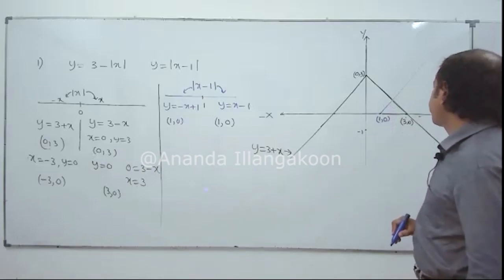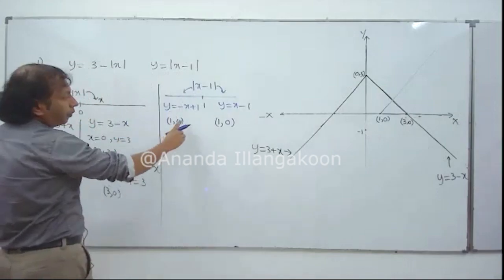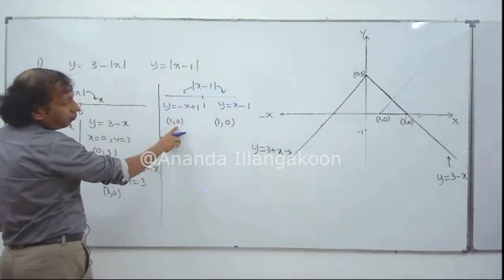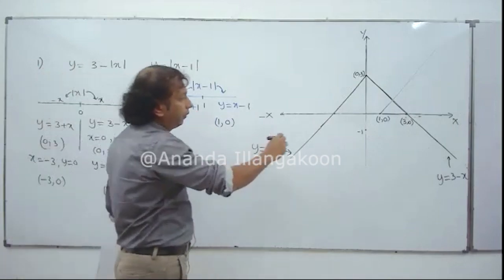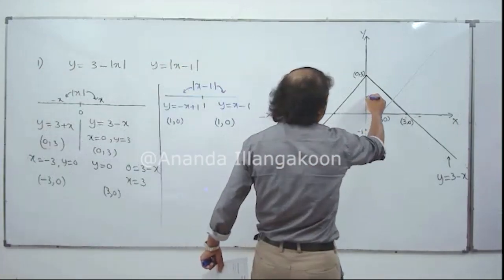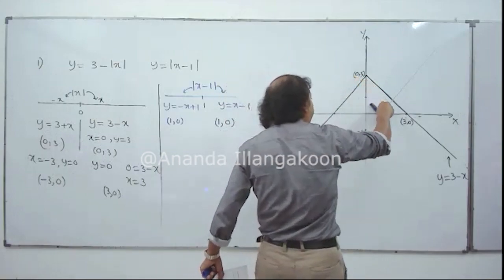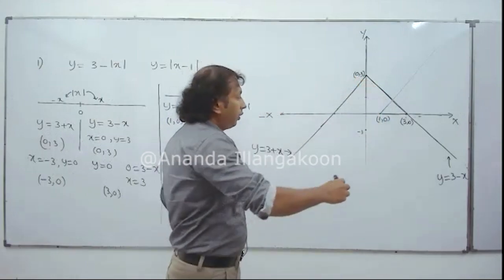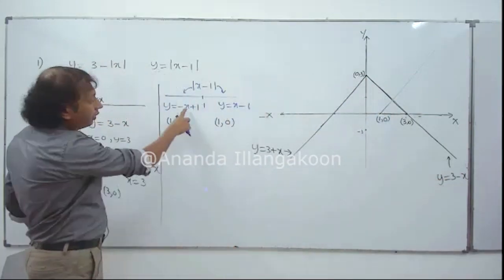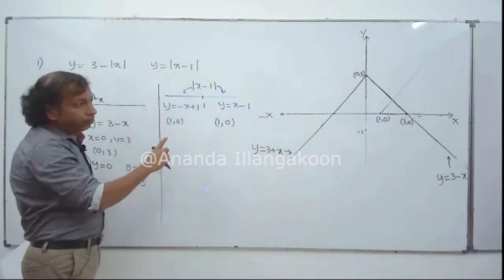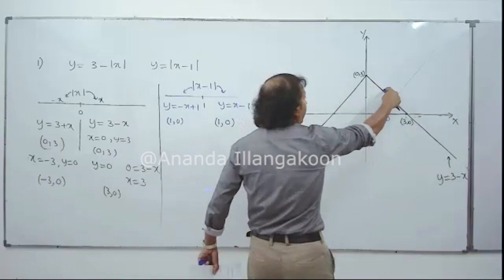Now, this interval, this point is (1, 0). Its intercept is plus 1, somewhere here. Then this line is passing this way. The gradient of this is minus 1. The gradient here, this one also minus 1. So the line we are supposed to draw here should be parallel to this.